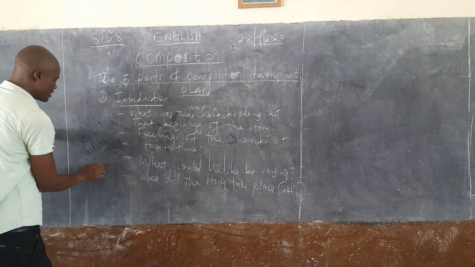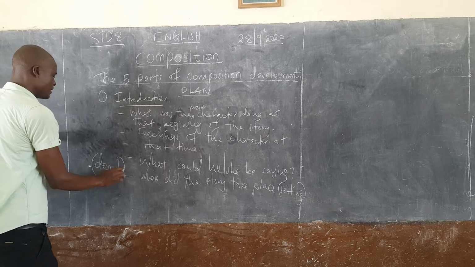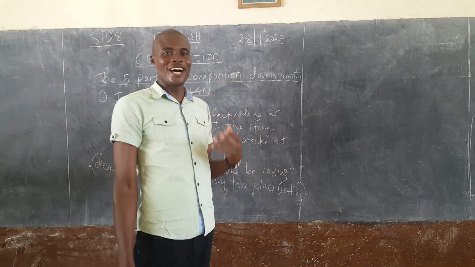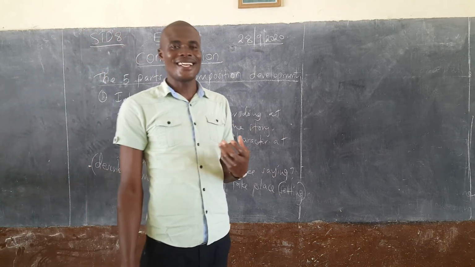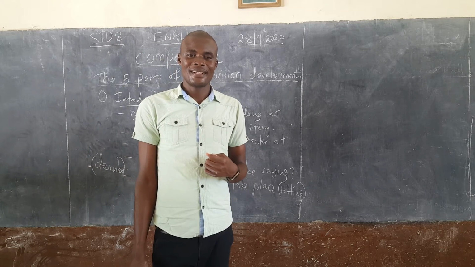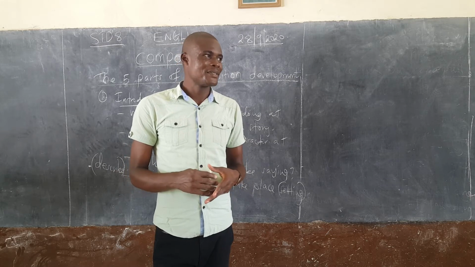So describe here, learner, we need to describe it well. Describe the setting. In case you went to somebody's house that morning, tell us, was it a leafy suburb? Was it a well-built house? How was the house? Describe.